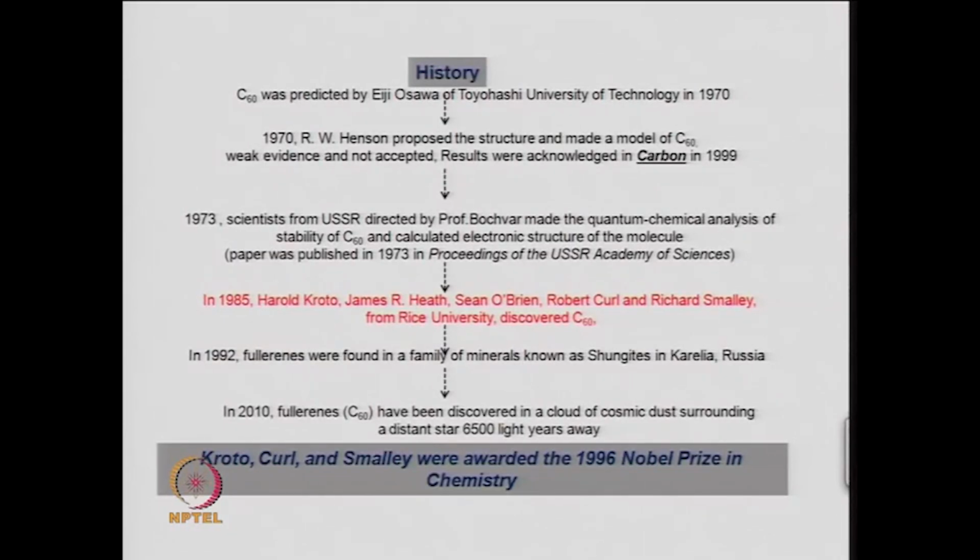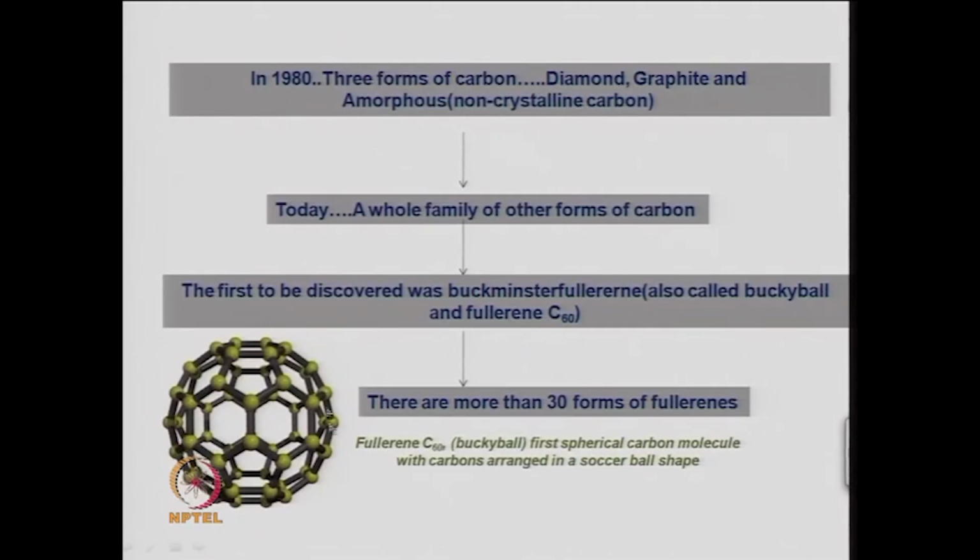During that arc discharge using graphite electrodes, they found a black colored material getting deposited, and then it was analyzed using several techniques including NMR or nuclear magnetic resonance, and they confirmed that it is a C60 molecule, a molecule which has 60 atoms of carbon, and the structure was just like the structure we showed, like a soccer ball.